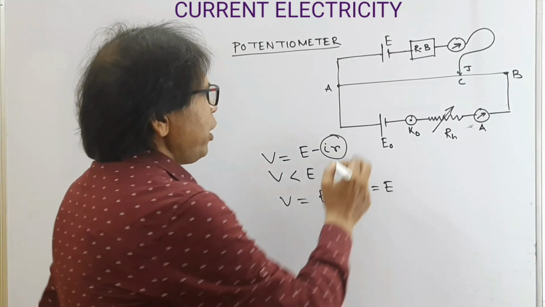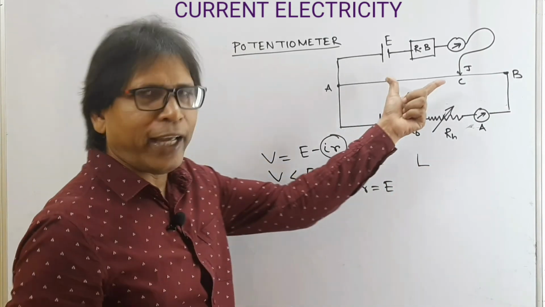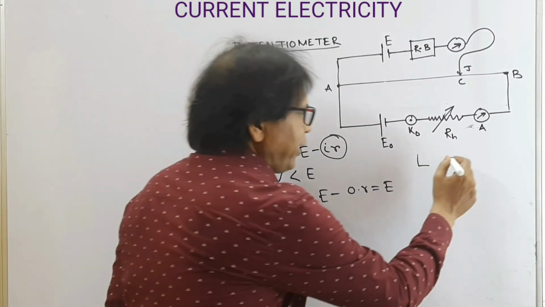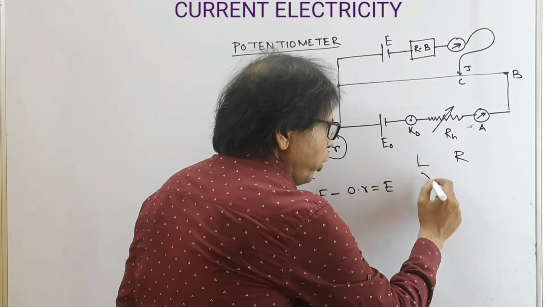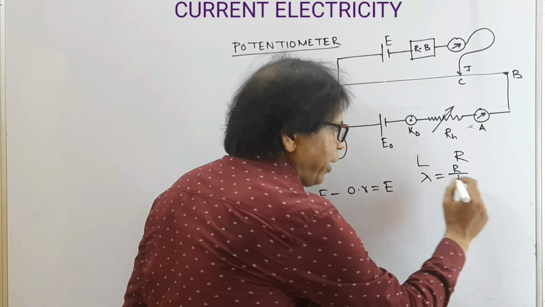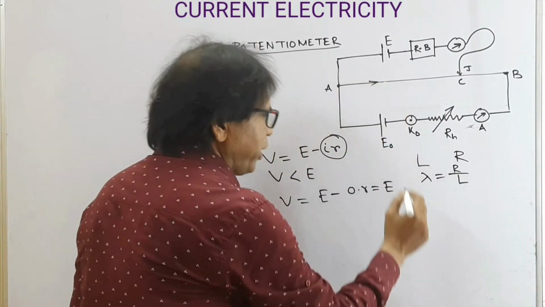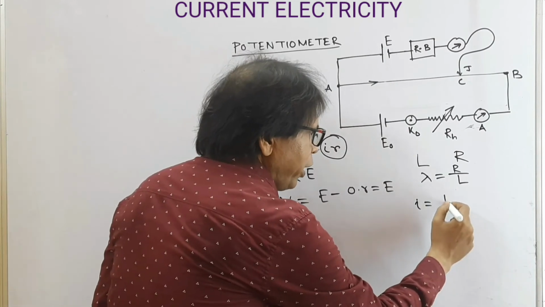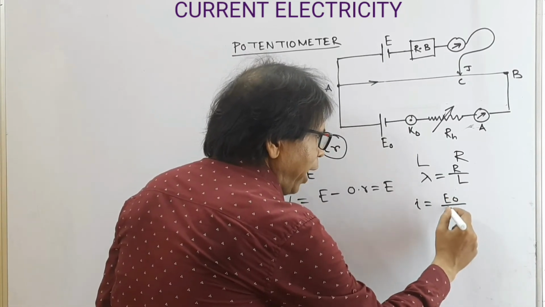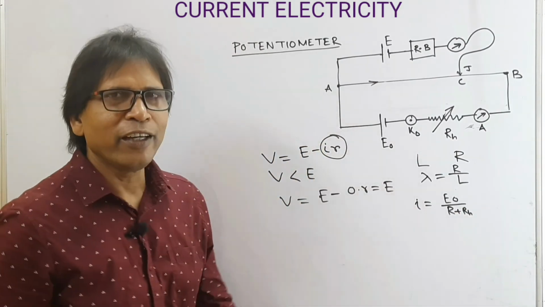So look at this. If the length of the potentiometer is L and its resistance is capital R, then the resistance per unit length lambda equals R by L. The current through the potentiometer I equals E0 divided by R plus the variable resistance RH.